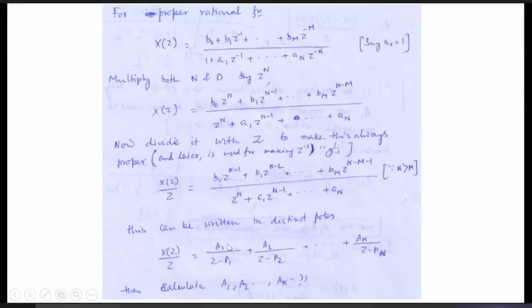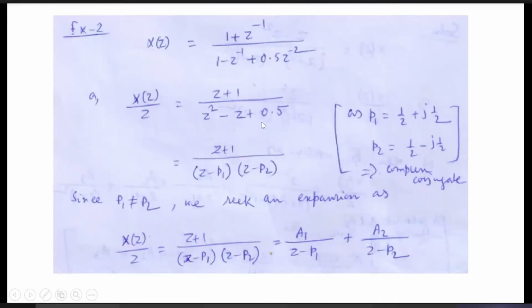So let us do it with one example: X(z) is equal to 1 plus z inverse divided by 1 minus z inverse plus 0.5 z to the power minus 2.